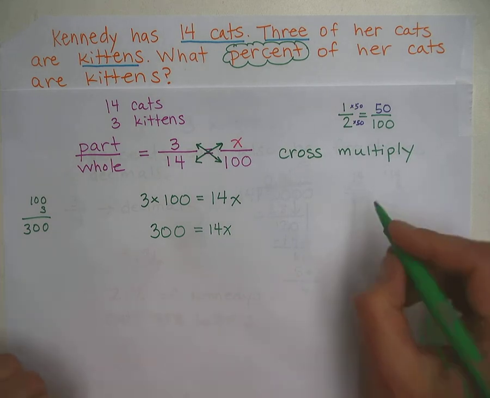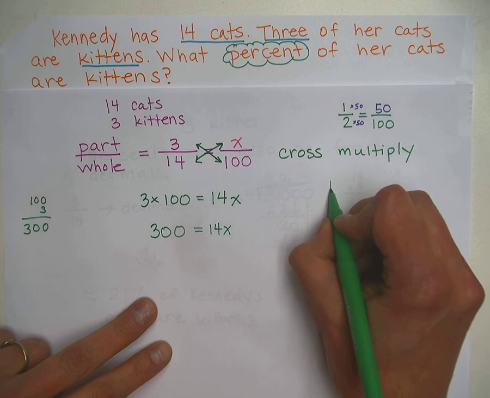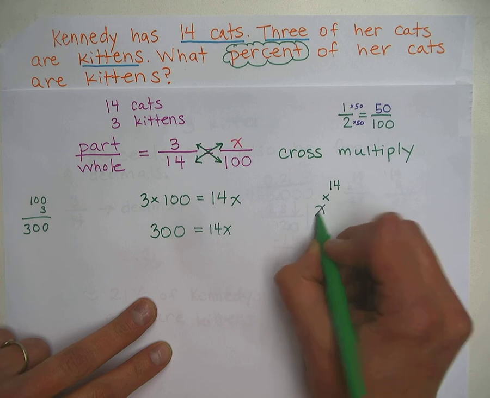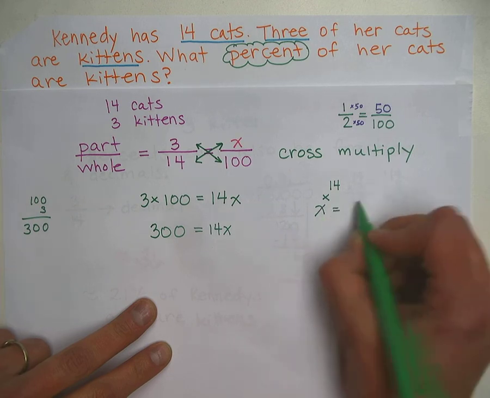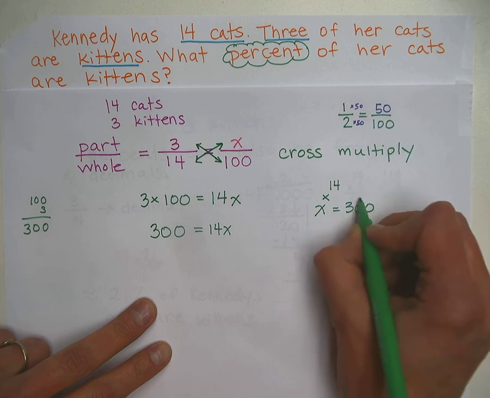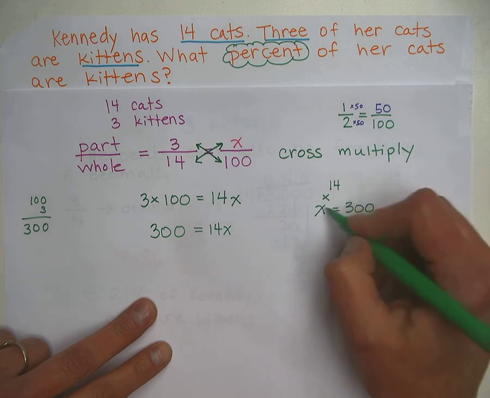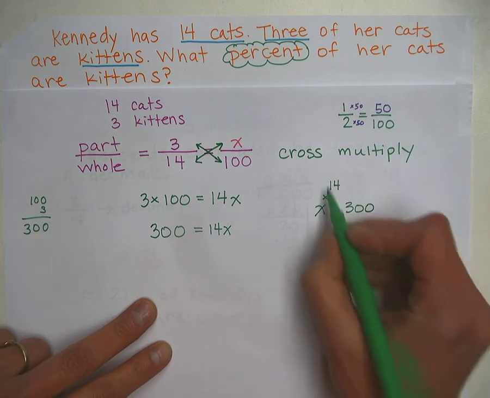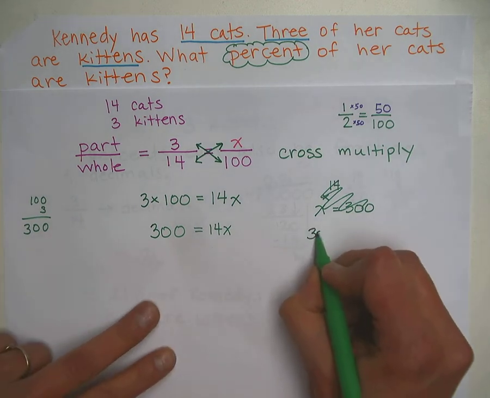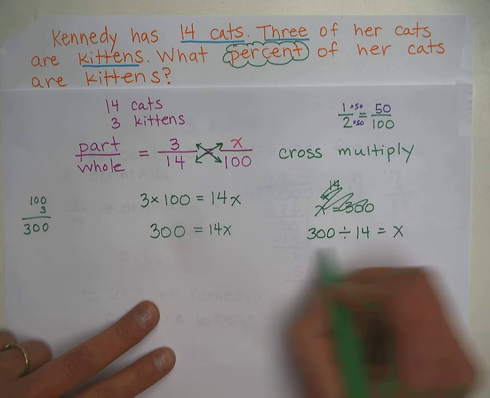So it's kind of like a fact family, like where you have 14 times x equals 300, and then 300 divided by 14 equals x. I remember those fact family triangles or something. Anyway, that's not my favorite thing.